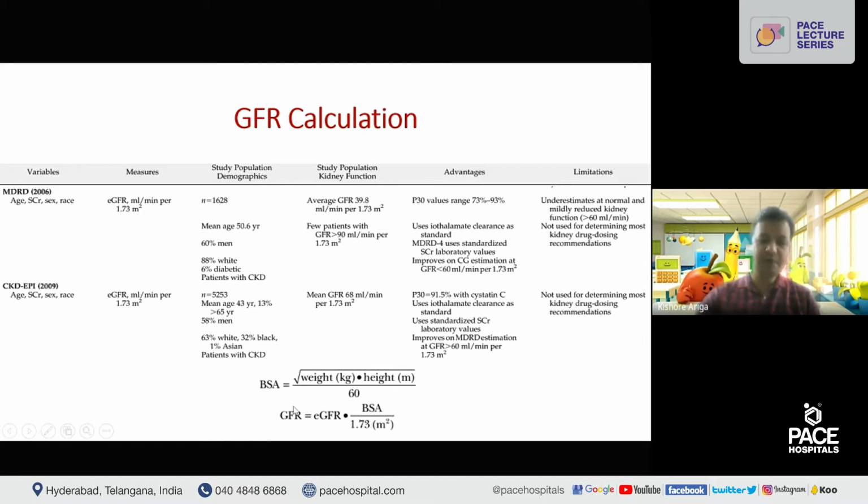So if we want the GFR of a specific patient, we need to calculate the body surface area of that patient, divide it by 1.73, and multiply it with the GFR which we get. That will give the GFR of that specific patient, which we usually don't do in the clinic. And this will be important in the next slides.